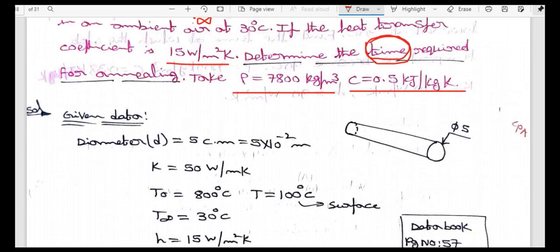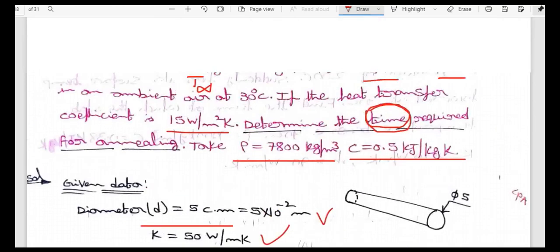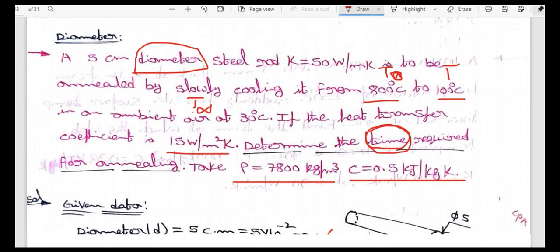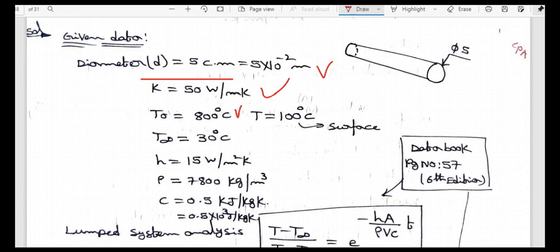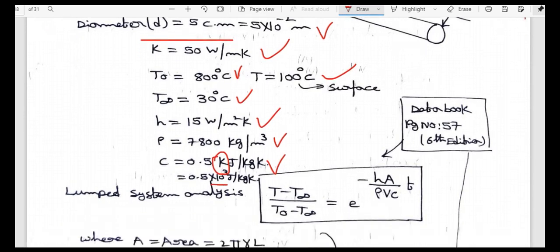So here this is the diameter of the cylinder, 5 into 10 power minus 2 meters, and the thermal conductivity, T naught value 800 and T equal to 100 for the surface area. T infinity is equal to the ambient temperature, h is given, density is given, and the Cp value is in kilojoule per kg, so kilo means 10 cube.